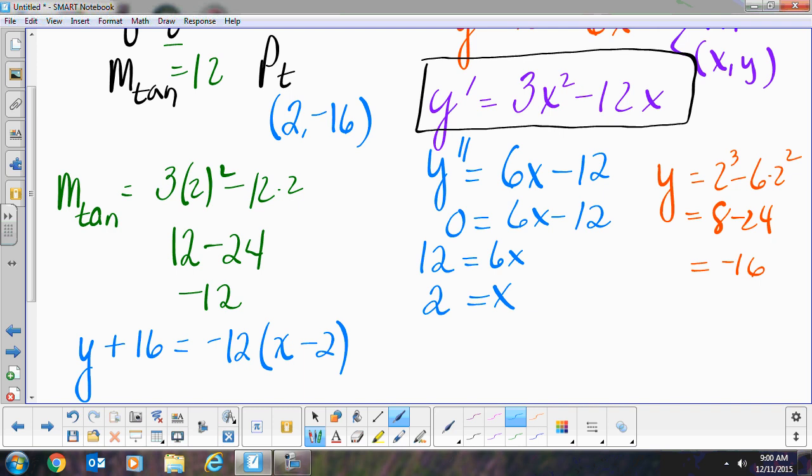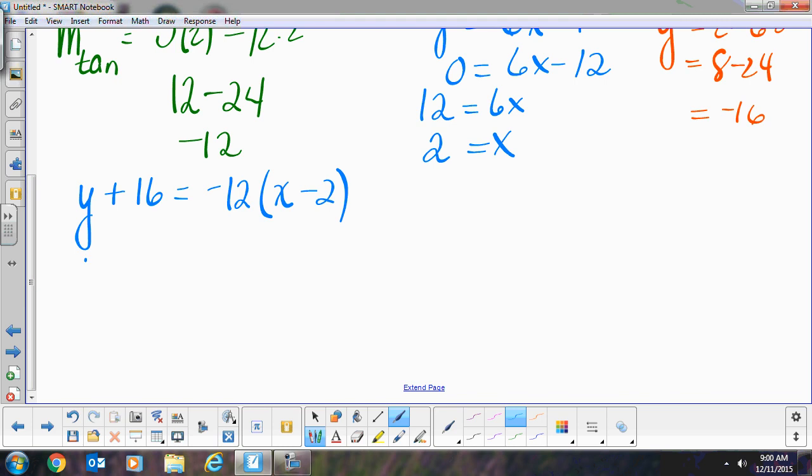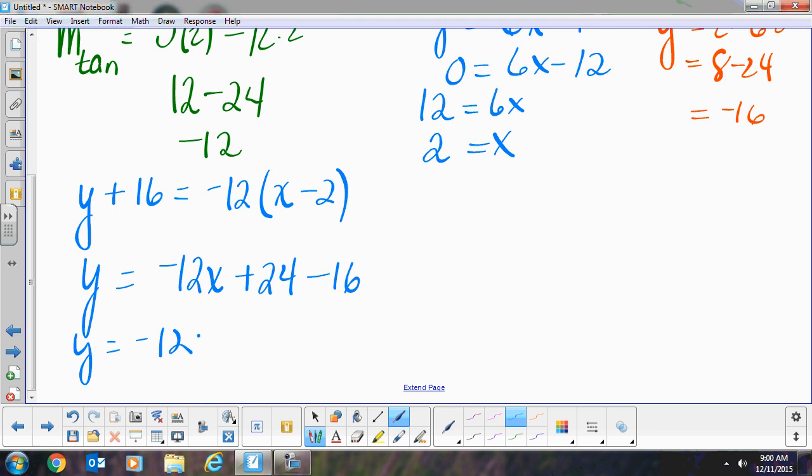But what I do see on my multiple choice answers is they're all y equals. So what do we have to do? Solve for y. Distribute, you get negative 12x. You get positive 24. And to move 16 over, I subtract. So y is going to be negative 12x plus 8. Is that an answer? Please tell me that's an answer. Okay, so that worked.